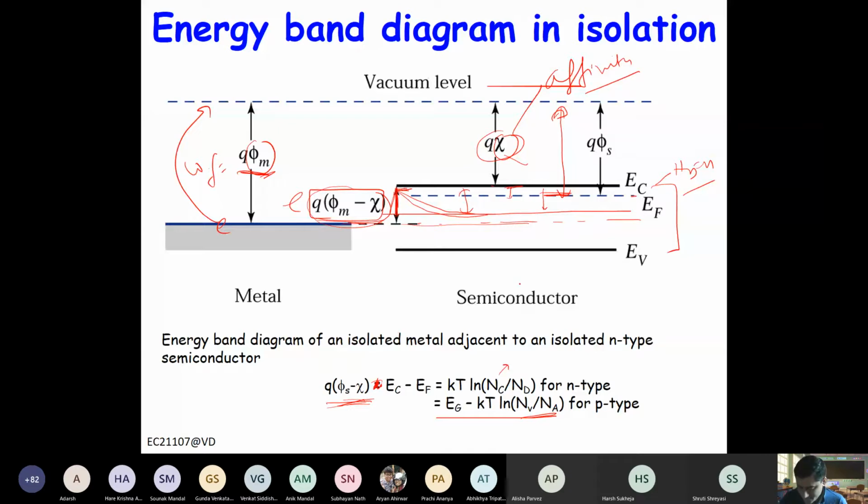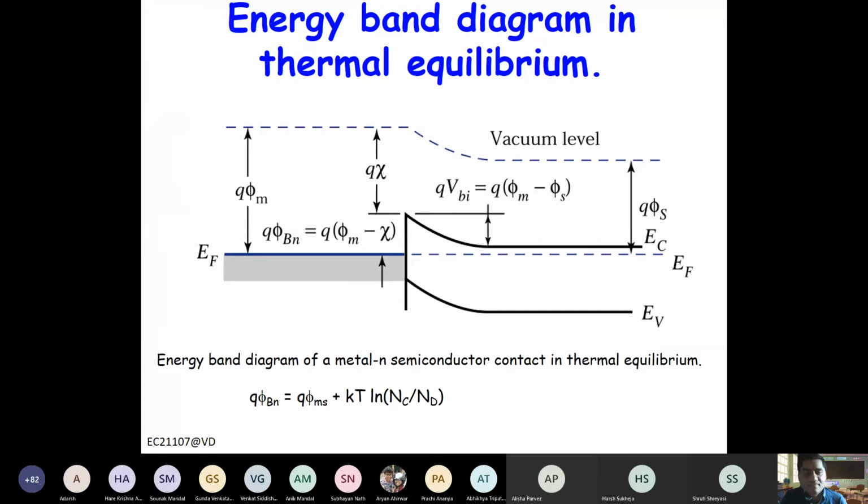So let us show the same thing when they are connected. Now this is basically when they are in isolation, right? When they come in contact, your band diagram looks like this. Now you can try to draw the band diagram for P-type semiconductor. Please take 1 minute and draw the band diagram for P-type semiconductor.